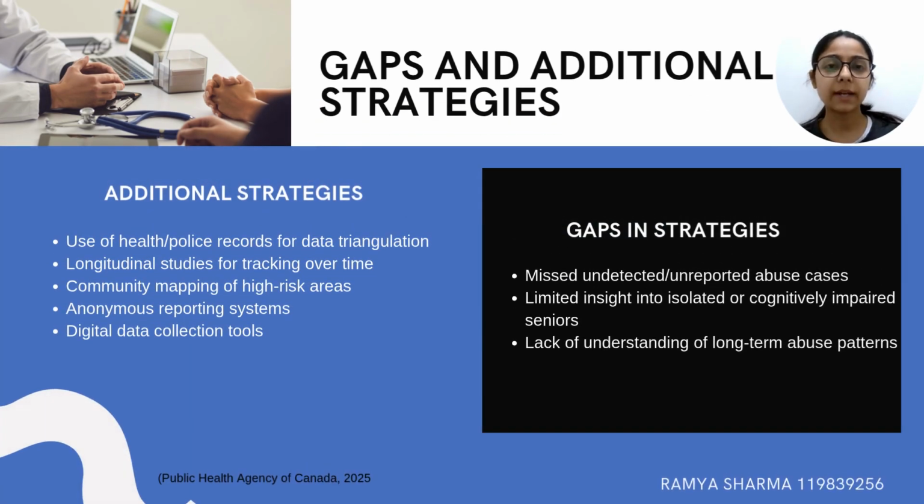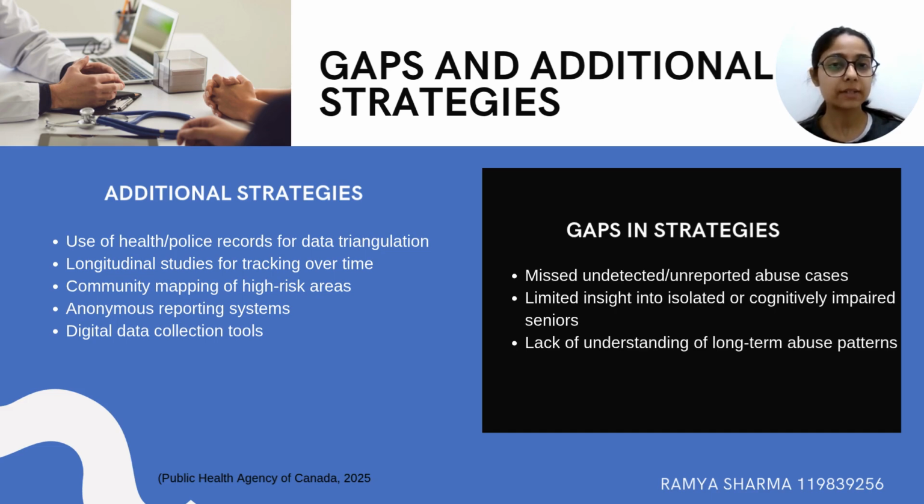Now, the gaps and the additional strategies. Gaps in the strategies are that there are undetected or underreported abuse cases. There is limited insight into isolated or cognitively impaired elderly patients. There is a lack of understanding of long-term abuse patterns.